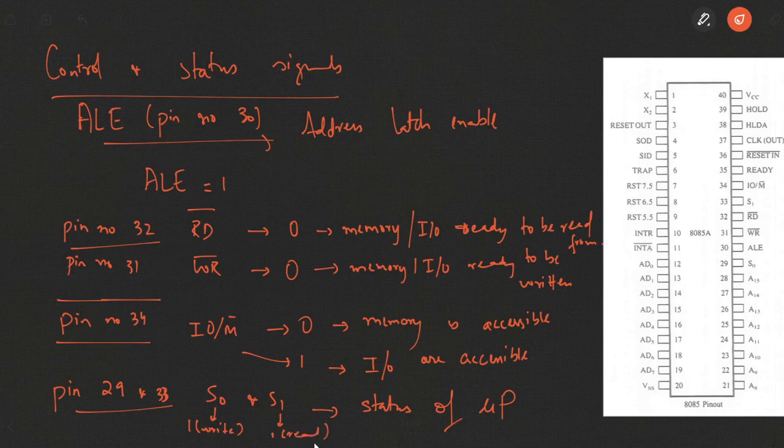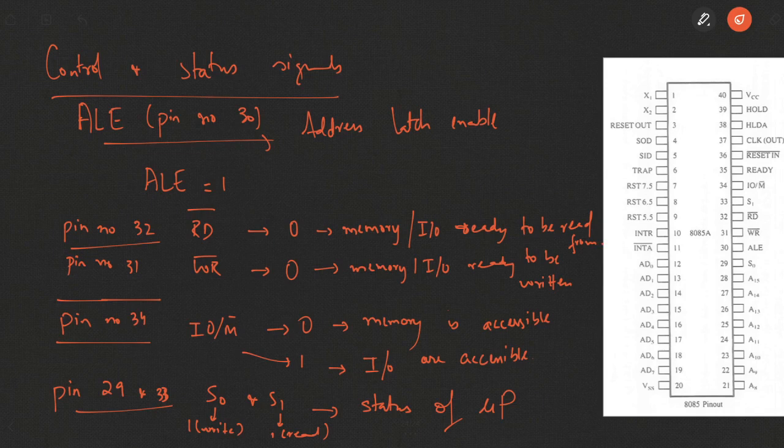So we'll be checking the status of these signals every time we execute a program, to indicate whether we are writing right now or reading right now from the memory or from the IO device, we'll be checking the states of S0 and S1. Fine.